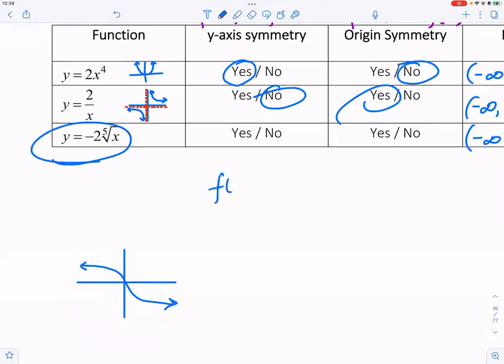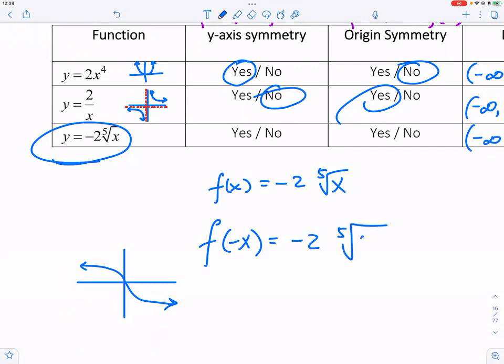Well, go ahead and make this a function notation first: negative 2 times the fifth root of x. Then go ahead and put in a negative right here.